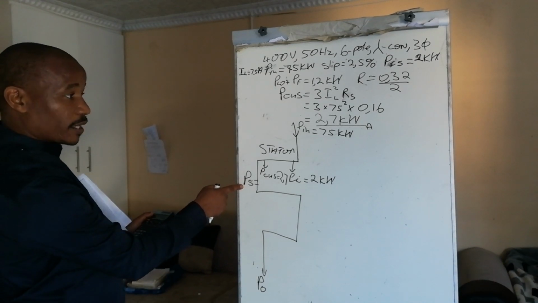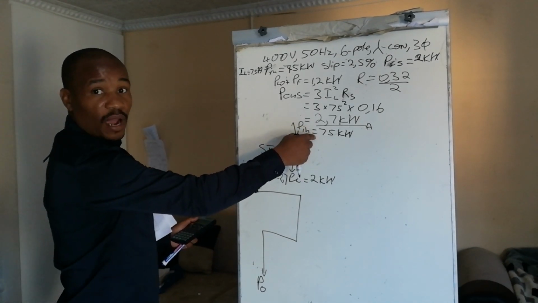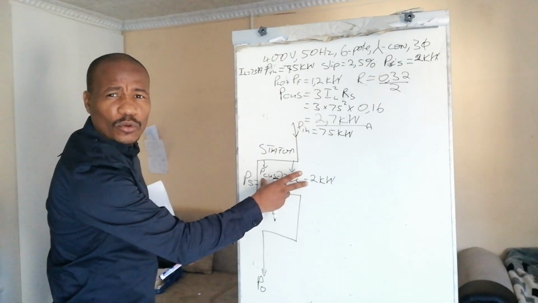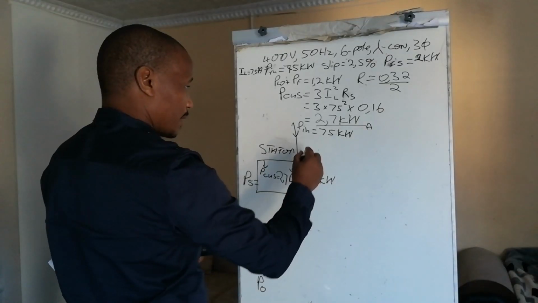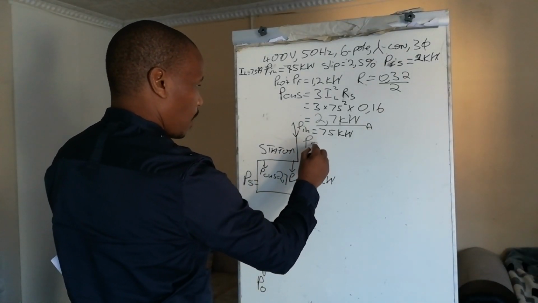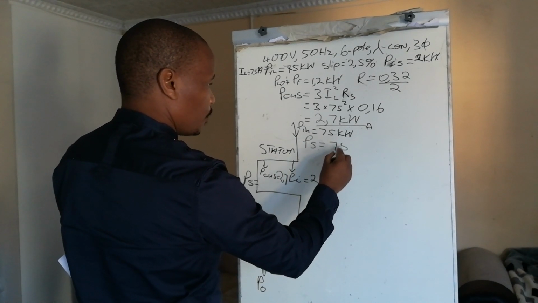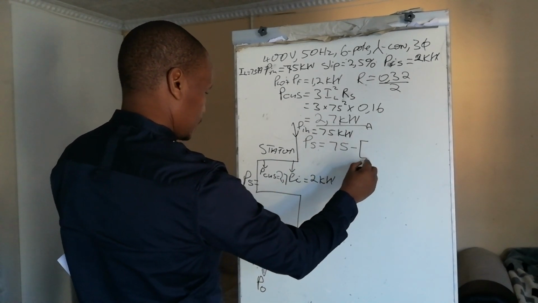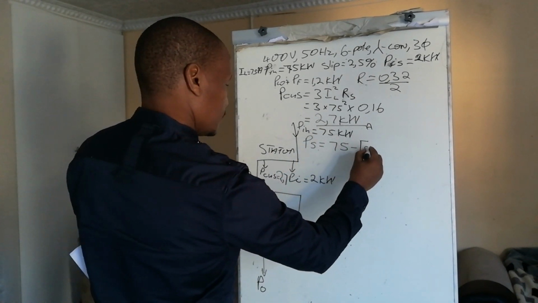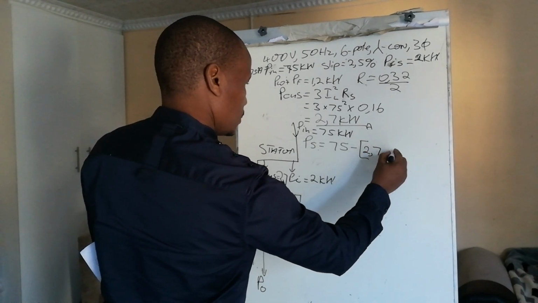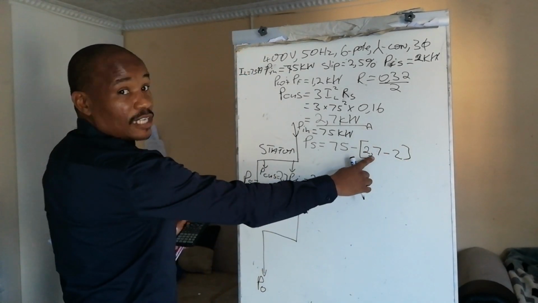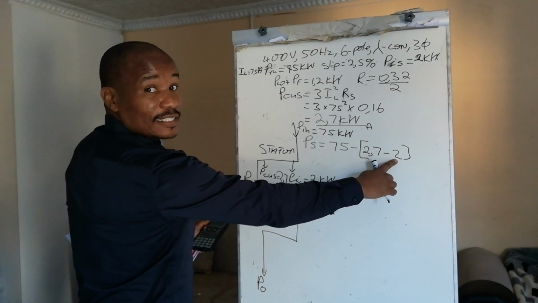How to find the synchronous power? It's going to be the input power minus the stator losses, the stator copper losses and the stator iron loss.